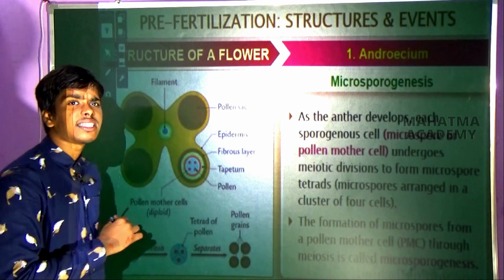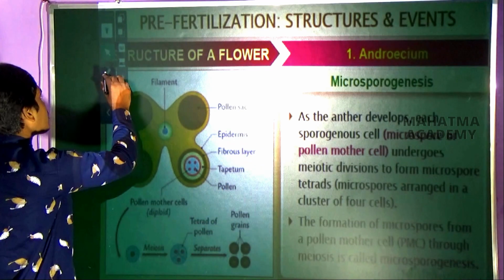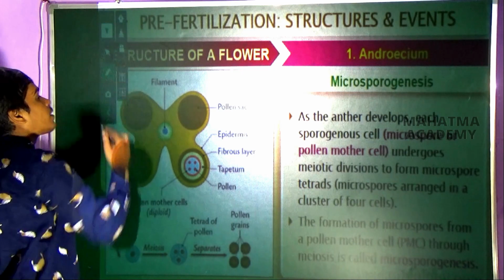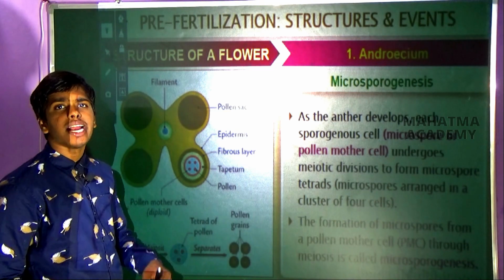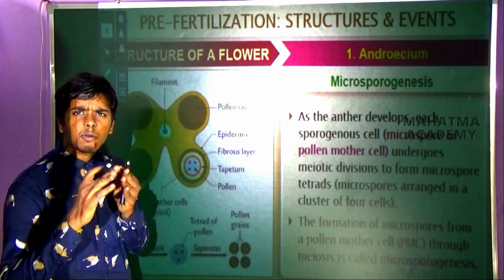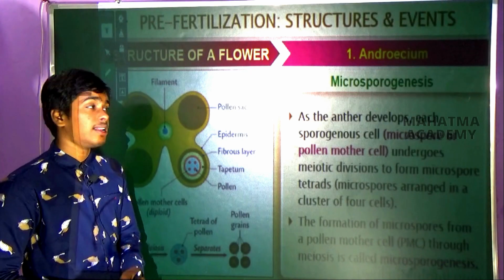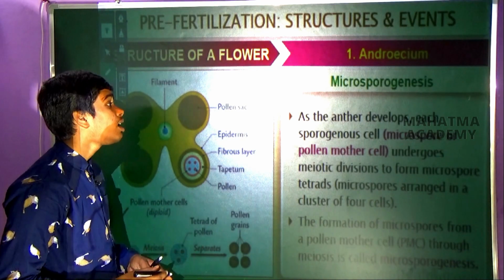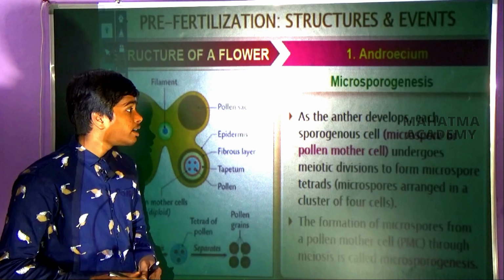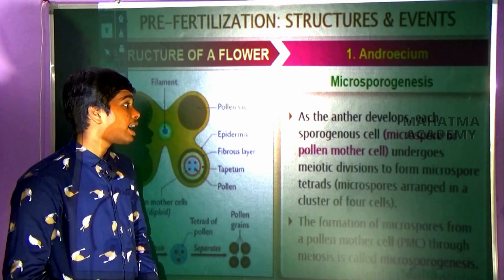Now microsporogenesis. We will end this session with microsporogenesis. As they develop, sporogenous tissue gives rise to sporogenous cells. Each sporogenous cell undergoes meiotic division to form microspore tetrads. So the sporogenous cell undergoes which type of division? Meiotic division, to form microspore tetrads.